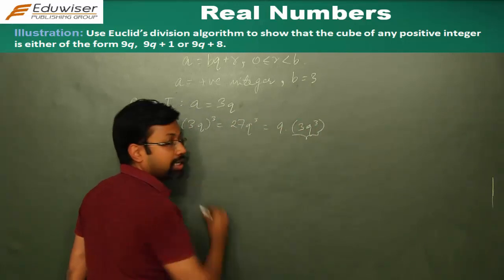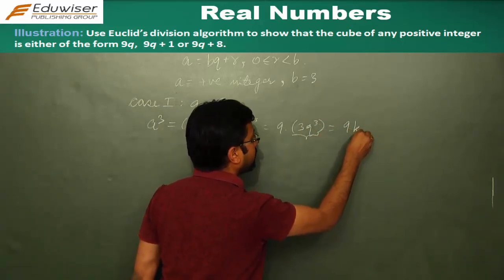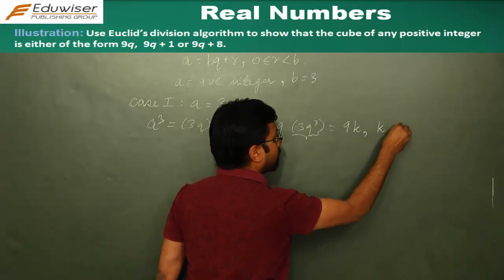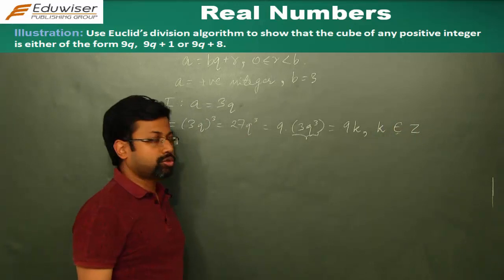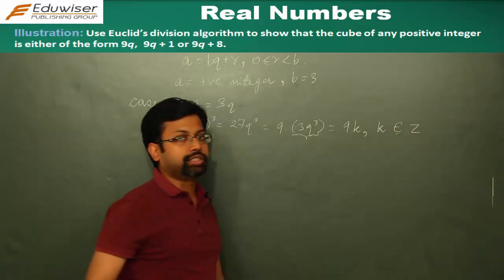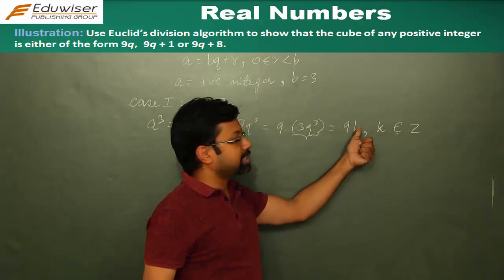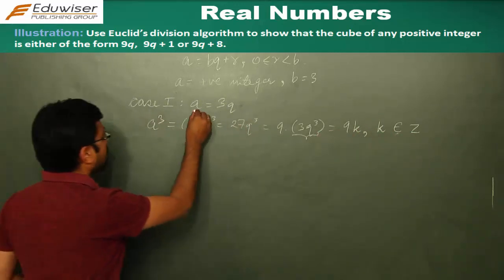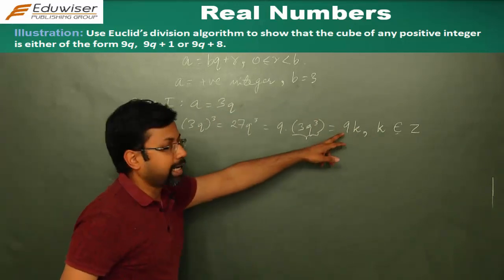Now 3q cube is an integer, hence this is of the form 9k, where k belongs to an integer. This epsilon symbolizes belongs to and Z is the symbol for integer. So k is any integer. So if the number is of the form 3q, you get its cube as 9k.